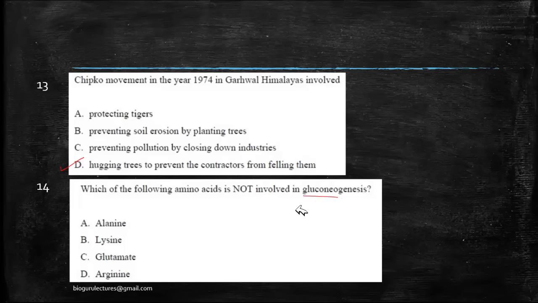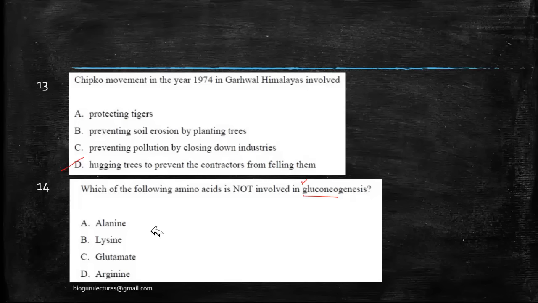And next is gluconeogenesis. Gluconeogenesis is a process that takes place in a person's body when he is fasting for a long time. When your body doesn't have enough food, it starts breaking down proteins into carbohydrates. That's what is called gluconeogenesis, the conversion of non-carbohydrate compounds into carbohydrate forms.